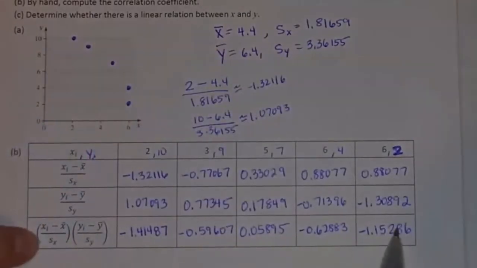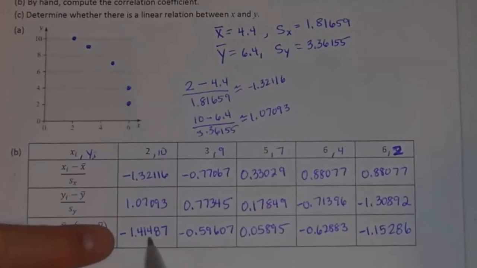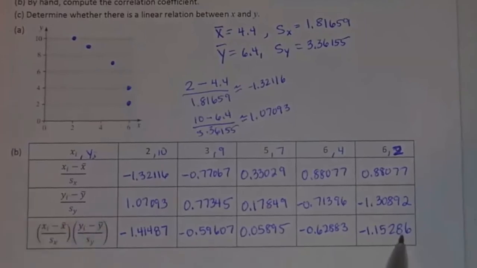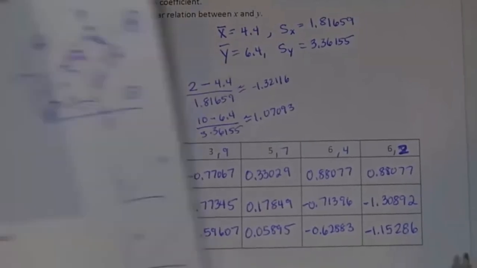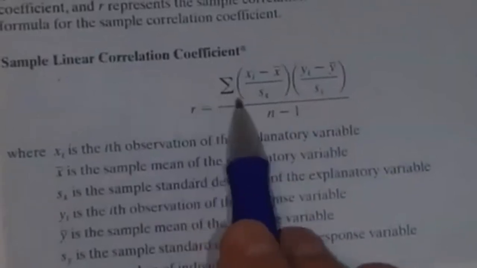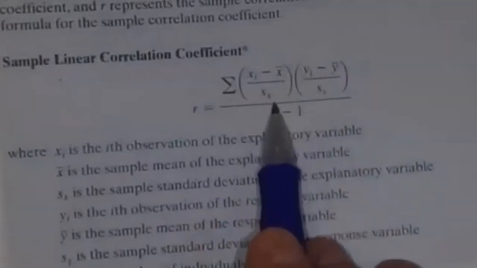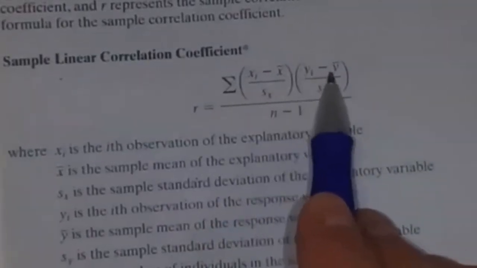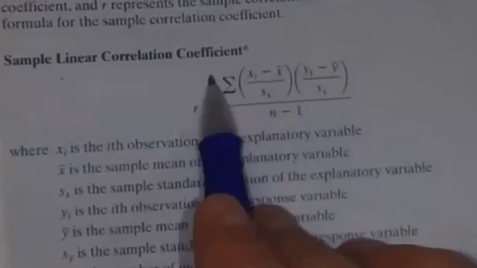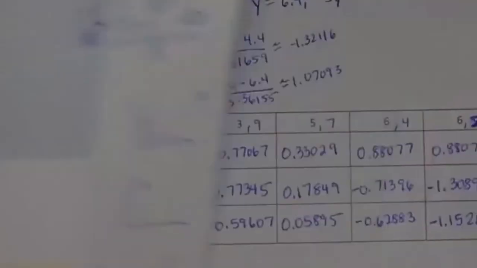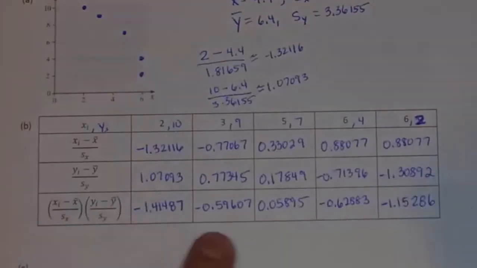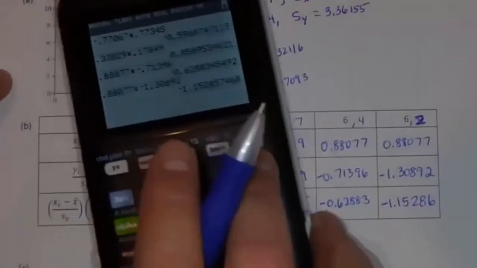So I found all the products. Now I need to add all of those up. If I add all of those up, that's going to give me the sum of x sub i minus x bar over s of x times y sub i minus y bar over s of y. That's going to give me the top part here. So I'm going to just add those 5 values up.